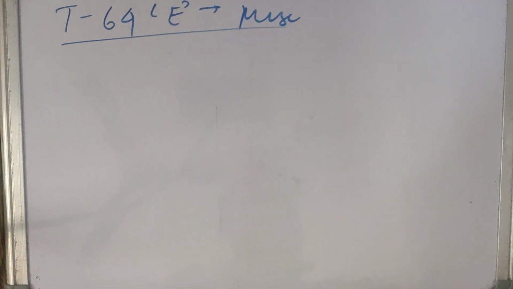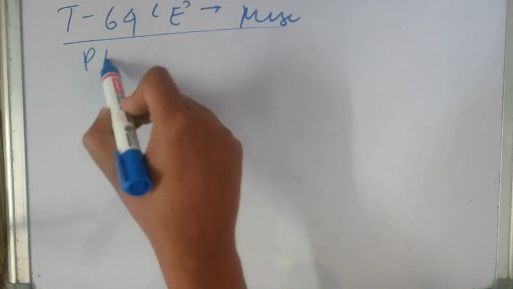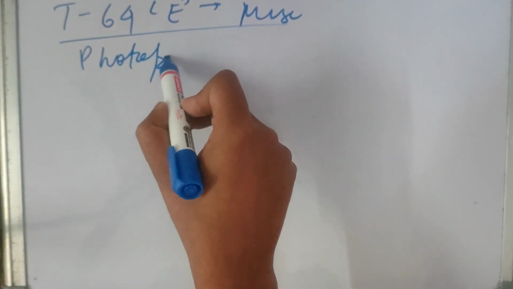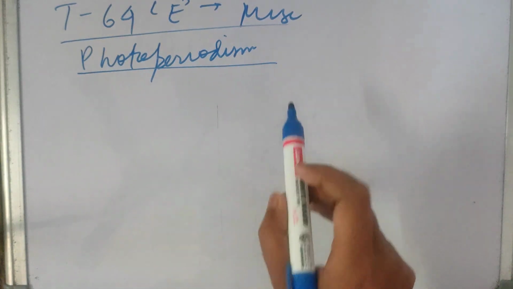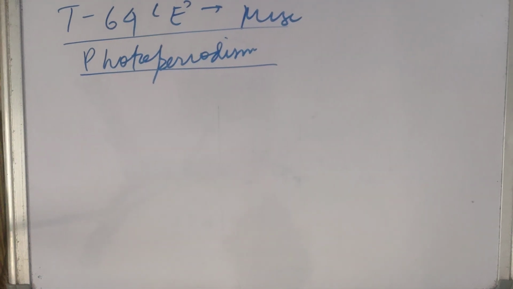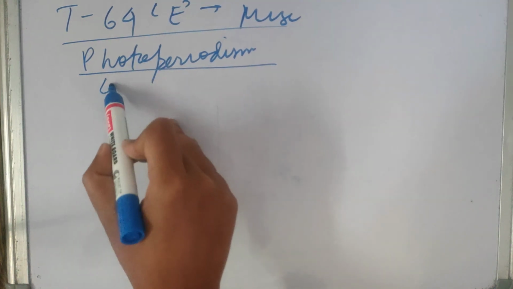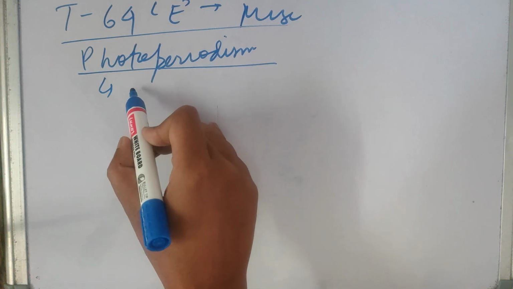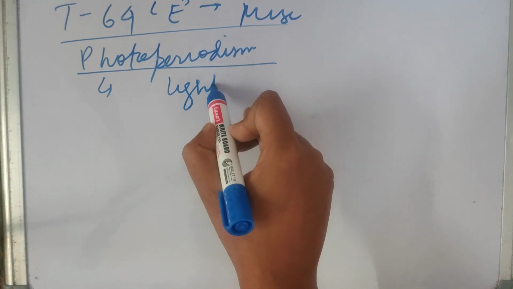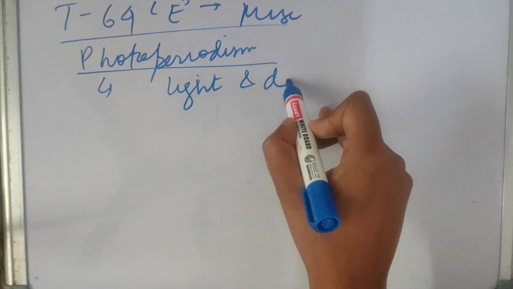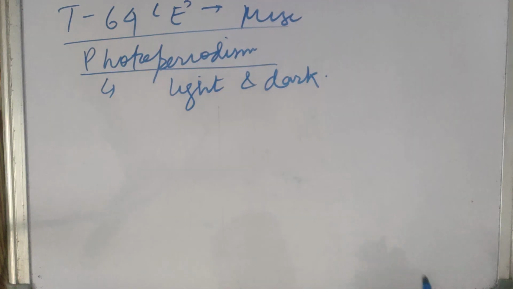So the first topic of this session is photoperiodism. What is photoperiodism? It is a development response of plants to the length of light and dark periods.